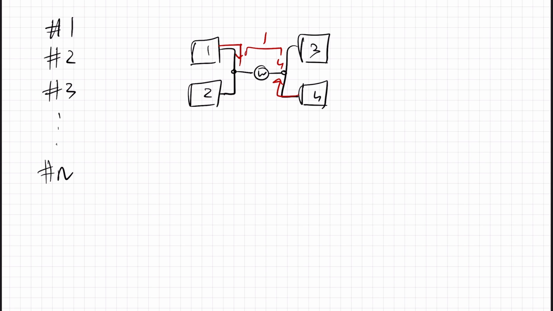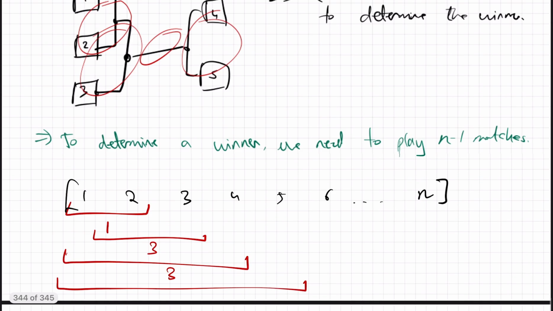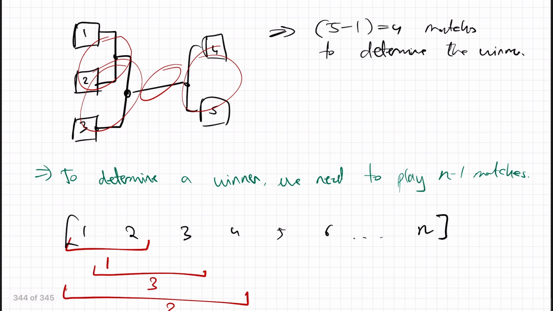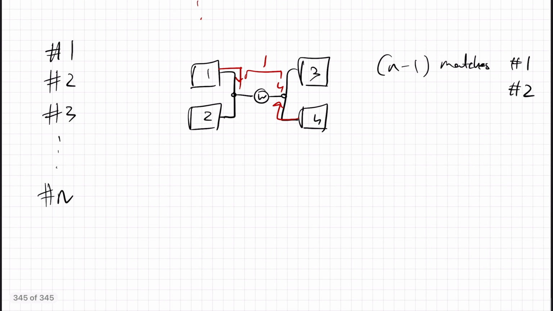So therefore we have the n-1 matches to determine number 1. Then to determine number 2, we just need to play an extra match where we put the runner-up of the right side against the runner-up of the left side. So let's just add +1 to find out number 2.